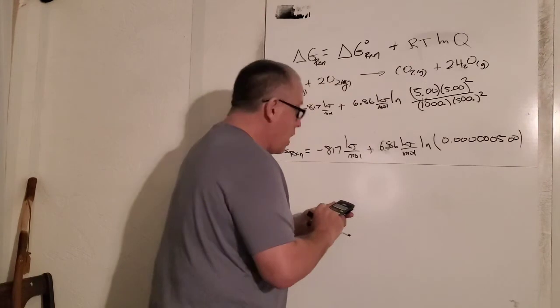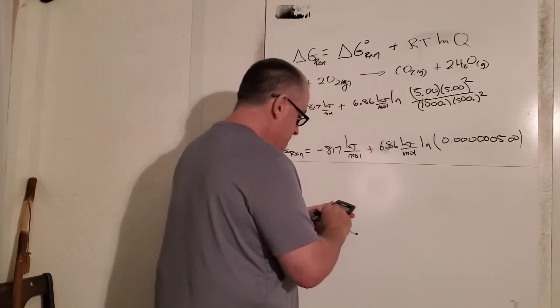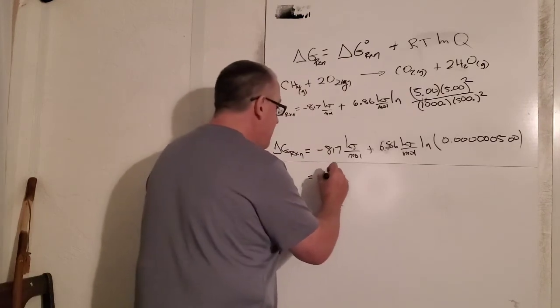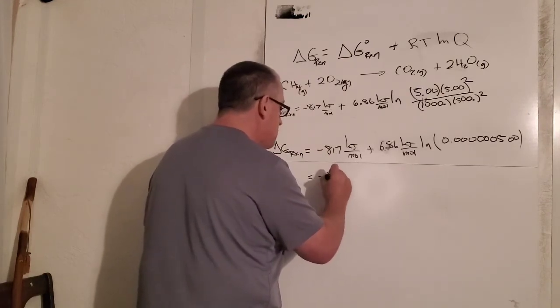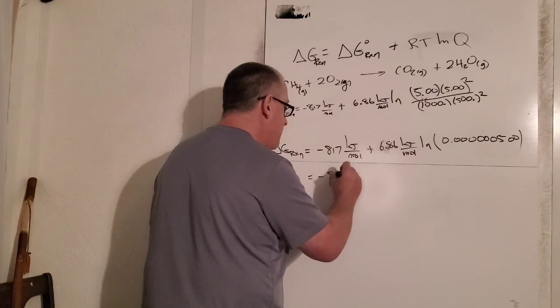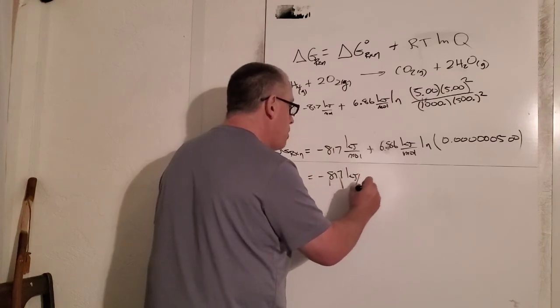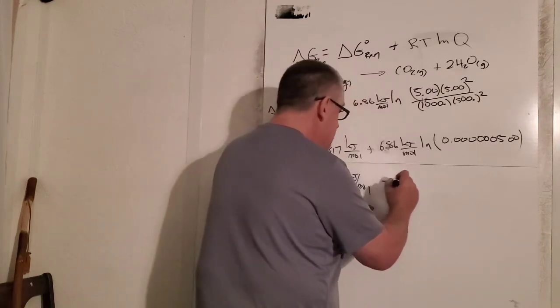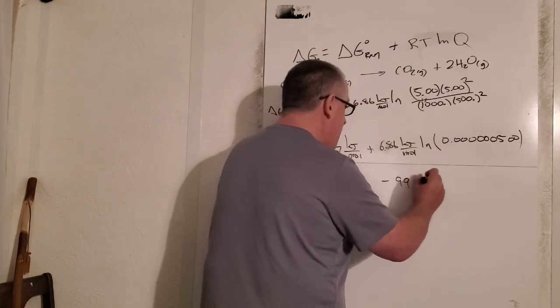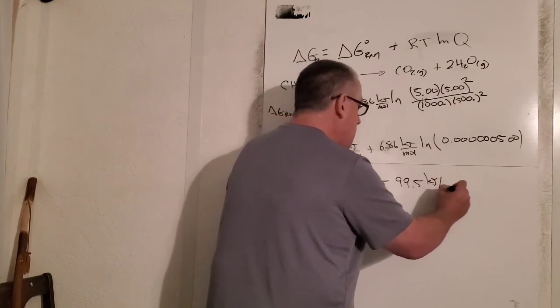So I take the natural log of that times 6.86, and I'm going to get negative 817 kilojoules per mole minus 99.5 kilojoules per mole.